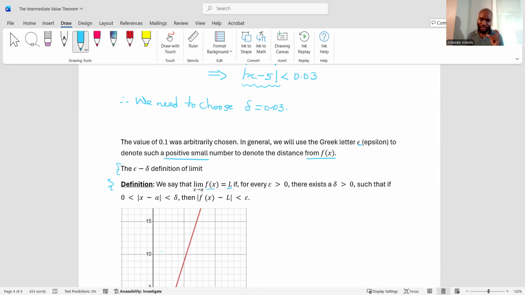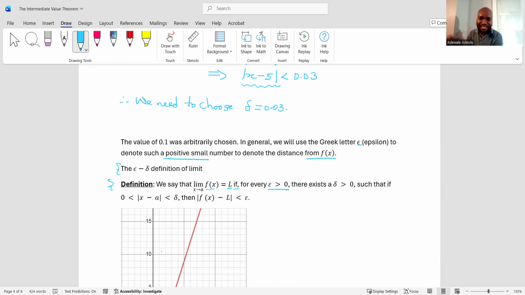if, now look at the condition, if for every epsilon greater than 0, that is, for every epsilon that is a very small number. We want it to be very small, but it has to be positive, right? So for every epsilon greater than 0, there exists a delta. That is our goal.